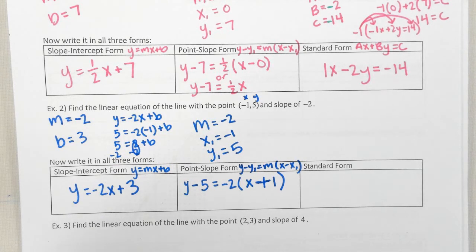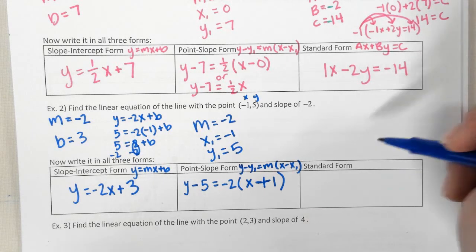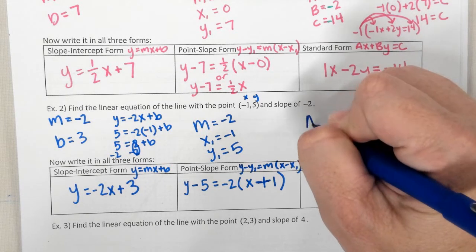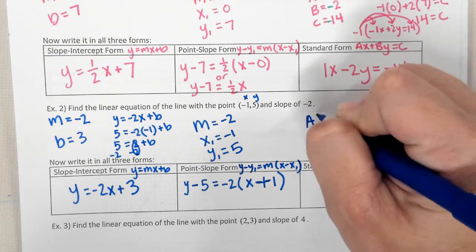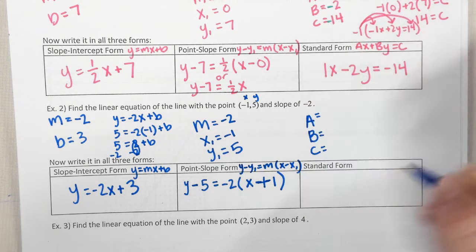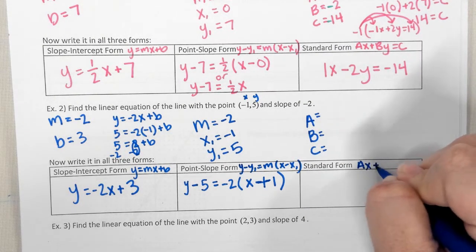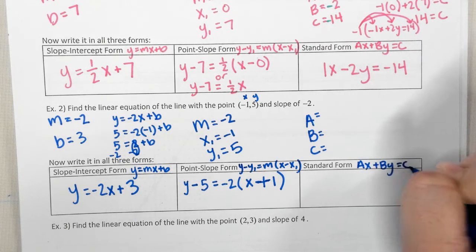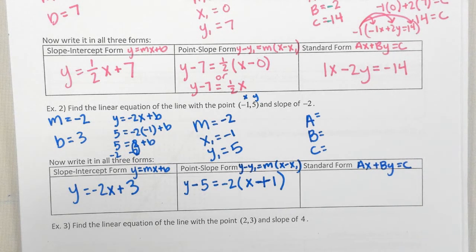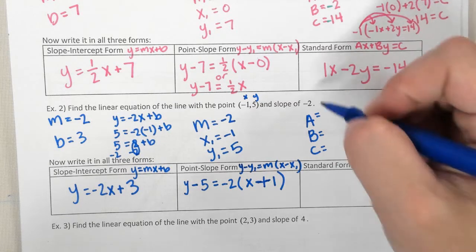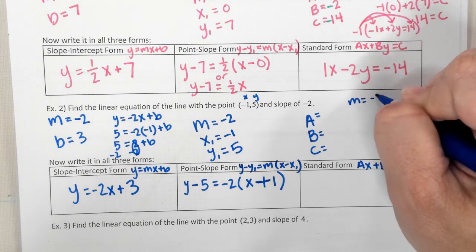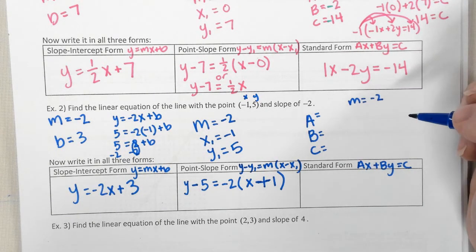Since we got that, did we just use that one for the rest? No, for this one, yes. So here again, I still need A, B, and C. And I know my slope is what? Which I have to have as a fraction. So how would I make that a fraction?